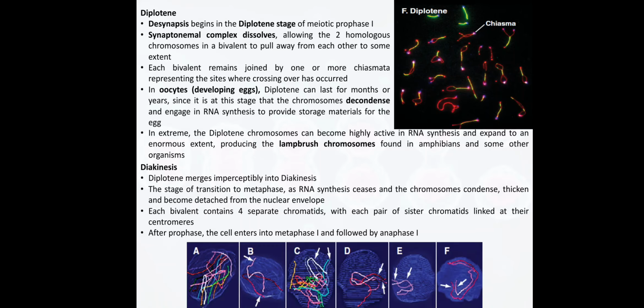In diakinesis, RNA synthesis ceases and chromosomes become condensed, thickened and detached from the nuclear envelope. Each bivalent now contains 4 separate chromatids, with each pair of sister chromatids linked at their centromeres. After this, the cell enters metaphase I followed by anaphase I.